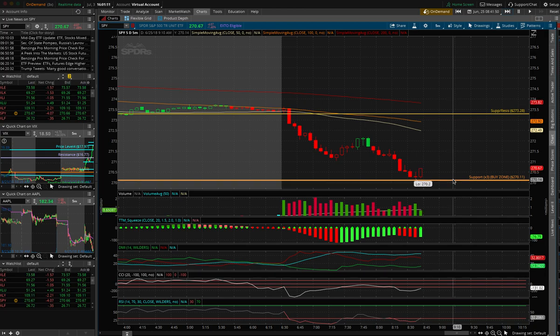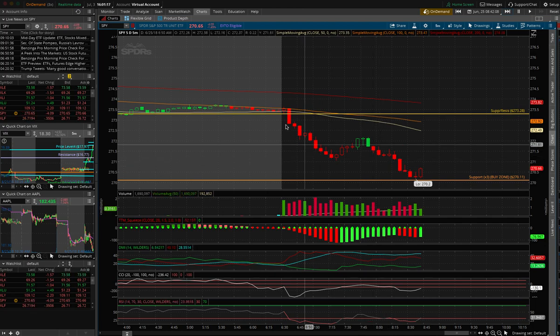You could already see that as it gets near this support, more buyers are coming in than previously.